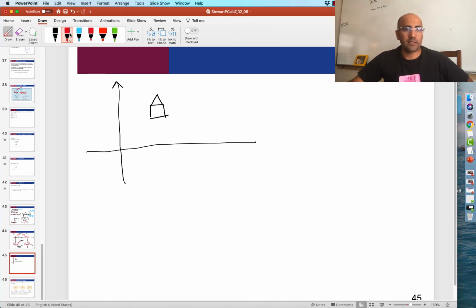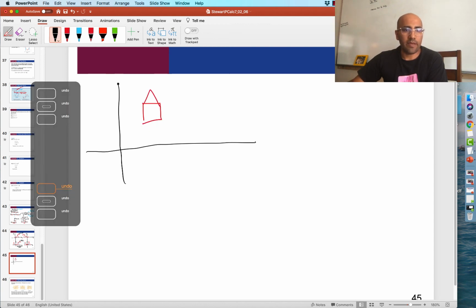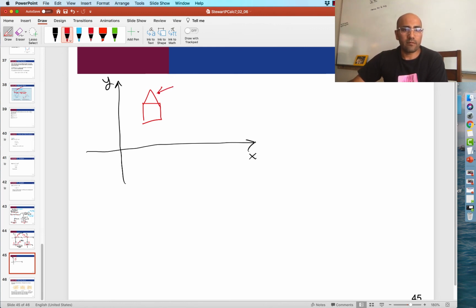Oops, let's put it in color. So here's our little house. That's my graph, that's my image. Here's y, here's x. So this is the graph f of x. I know it's not an actual function, but for this purpose it's fine. And pretend it's a pretty little box.